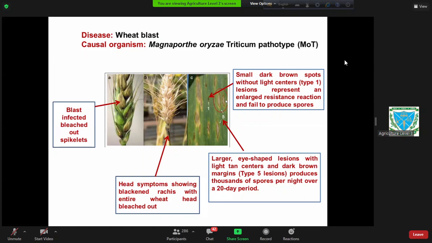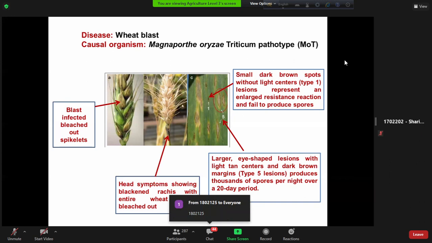But if the wheat varieties are susceptible, then you will see a larger eye-shaped lesion with dark brown margin and tan or ash color center. We call it a type 5 lesion. And this type 5 lesion is very important for epidemic development, because in this lesion, the MoT pathogen can produce conidia.